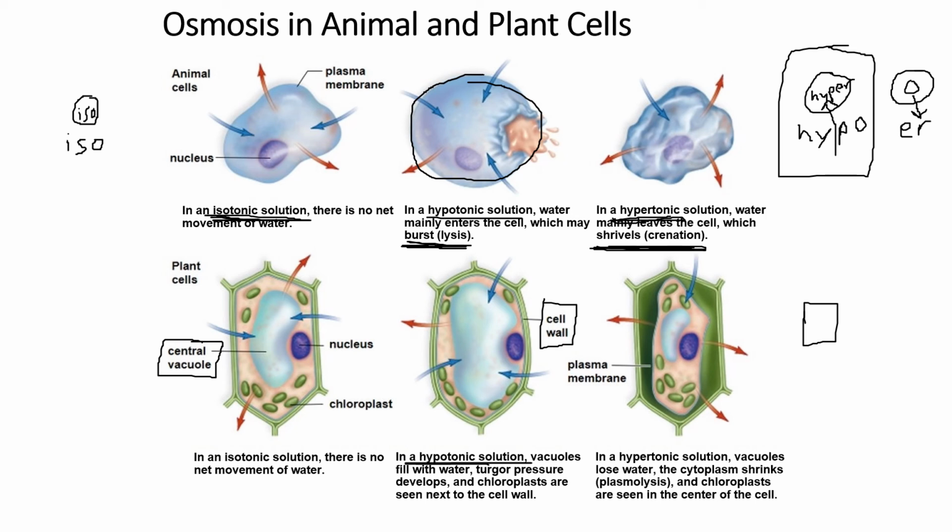And if it's hypotonic enough, the cell can burst. Well, a plant cell has a cell wall that can prevent the cell from bursting, and then the central vacuole can absorb excess water.